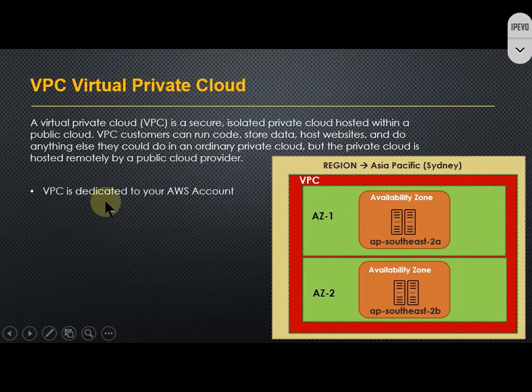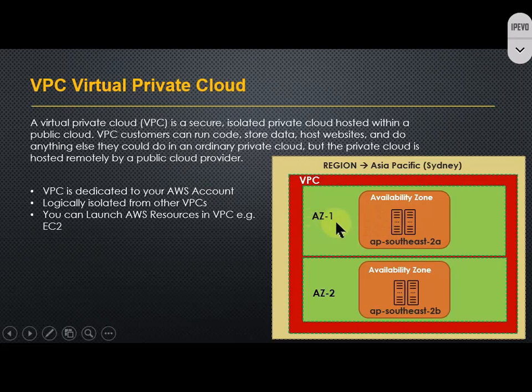VPC is dedicated to your AWS account, logically isolated from other VPCs. So if we have one VPC, we could have another VPC in the same region as well, but that will be totally isolated. You can launch AWS resources in a VPC, for example EC2. So you can create an EC2 instance inside the VPC, but inside an availability zone.